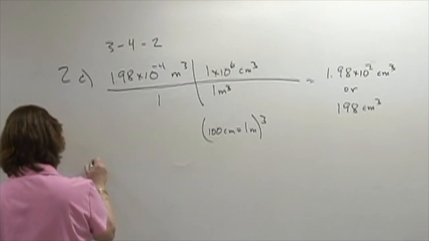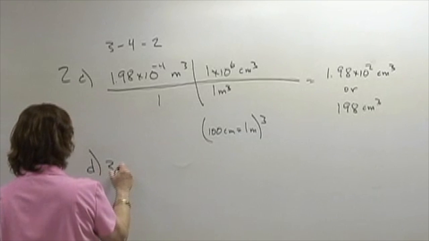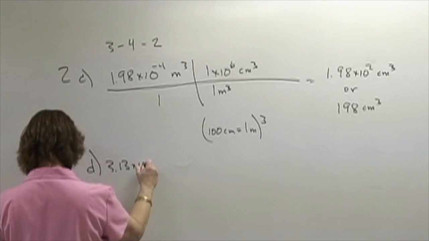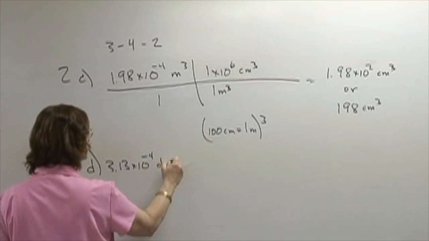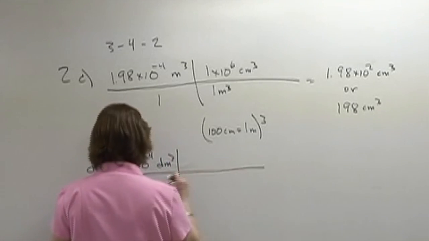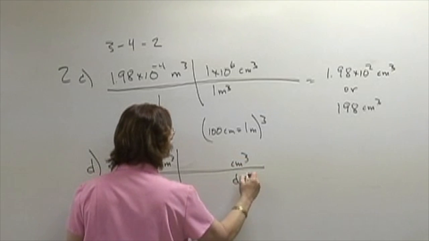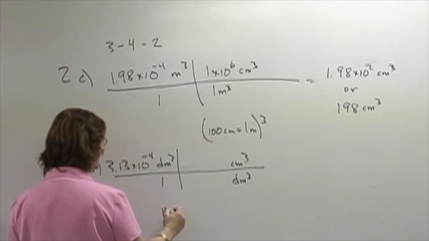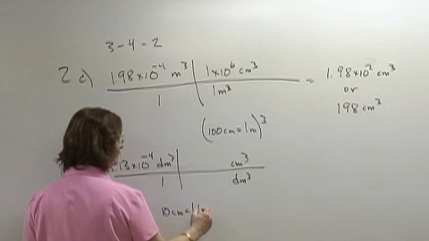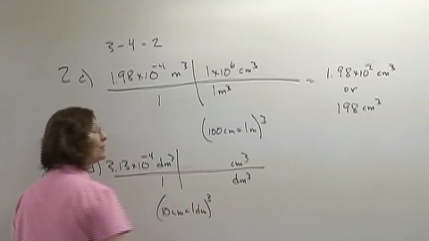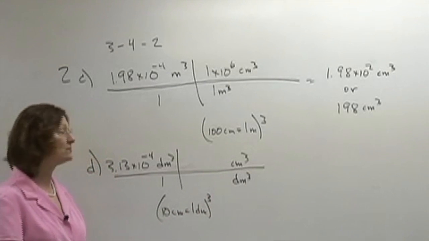And then for D, I am changing 3.13 times 10 to the minus 4th decimeters cubed, and I'm changing it to centimeters cubed, and I'm canceling decimeters cubed. There are 10 centimeters in 1 decimeter. And when I cube 10, I get 1,000.